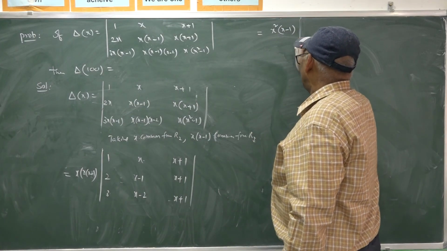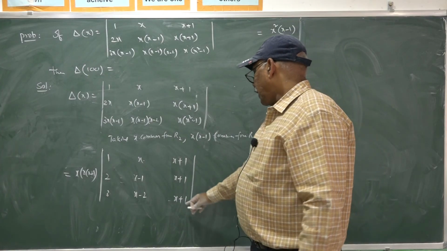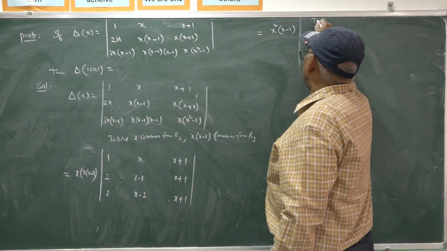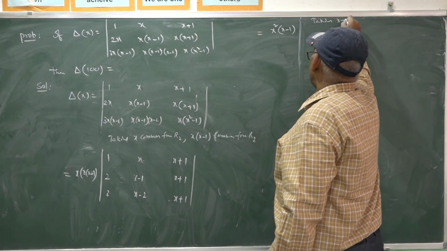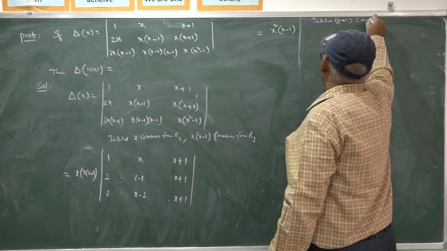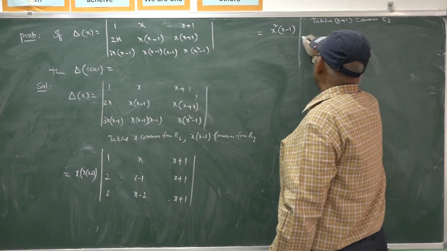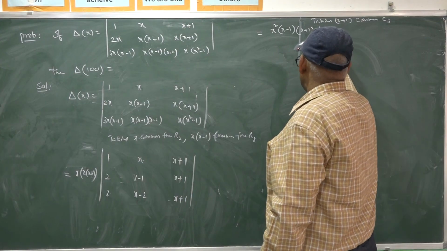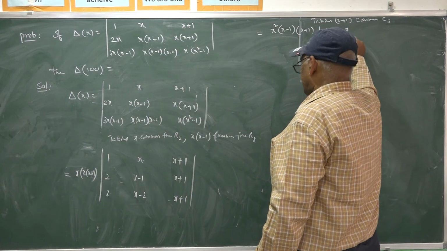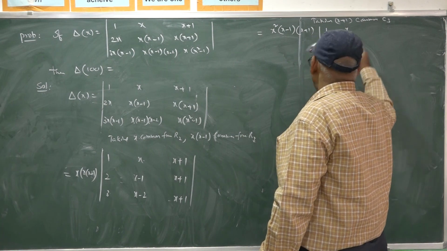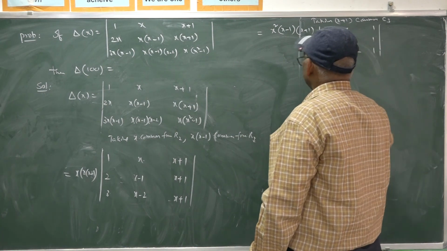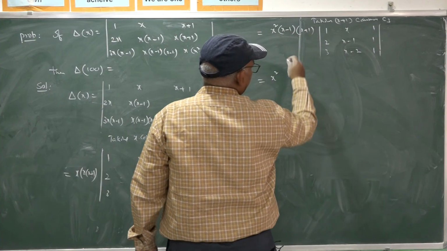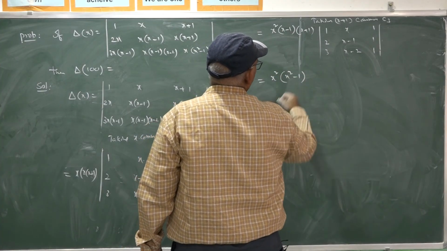Again taking x plus 1 common from C3, the determinant becomes 1, 2, 3; x, x minus 1, x minus 2; 1, 1, 1. That gives us x square into x minus 1 into x plus 1, that is x square minus 1.